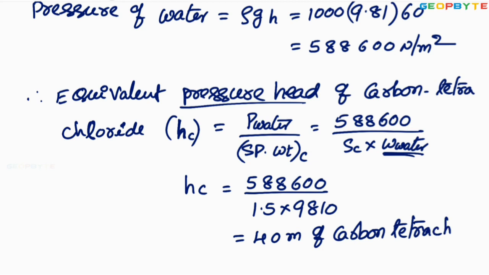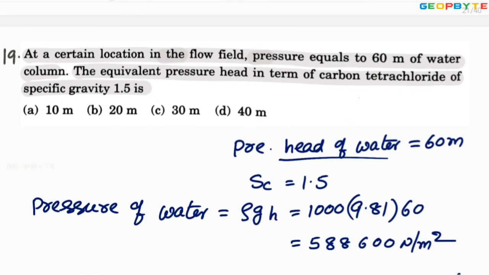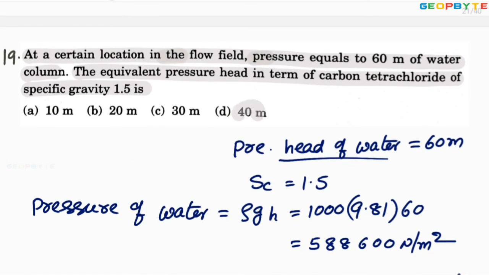That is the answer. I hope you got my point. The equivalent pressure head of the carbon tetrachloride is 40 meters. Look at the options. Look at the last option. Option D is absolutely correct.